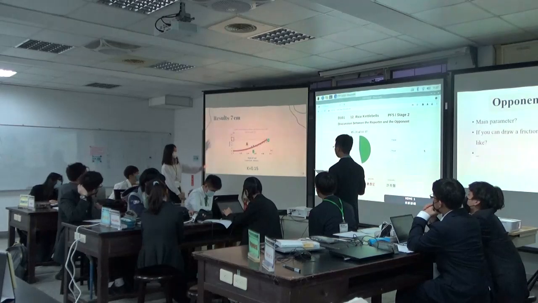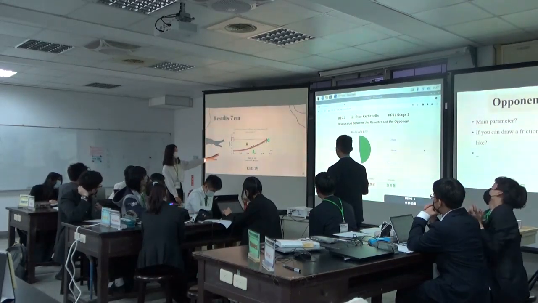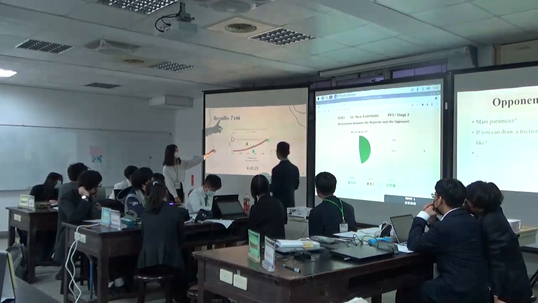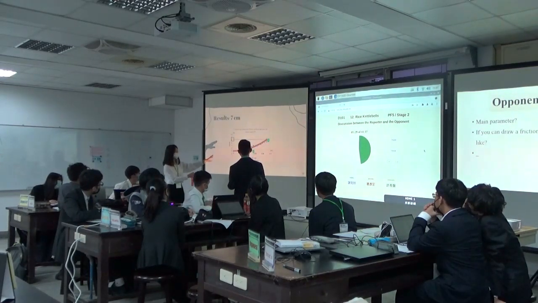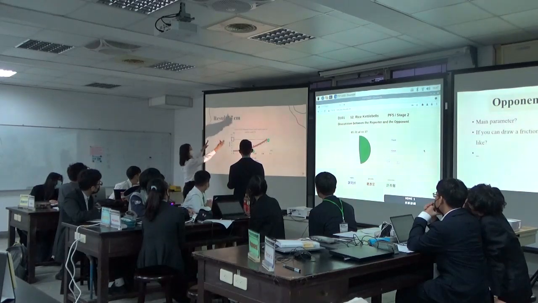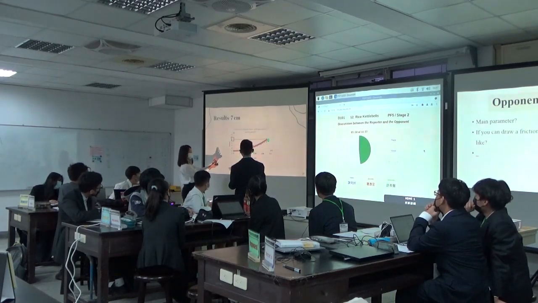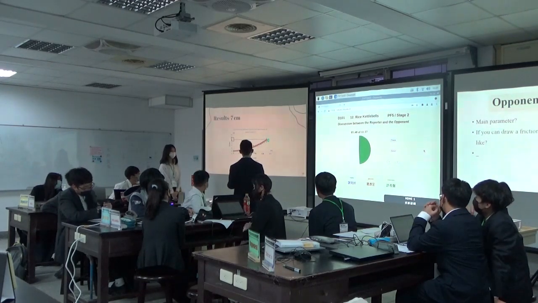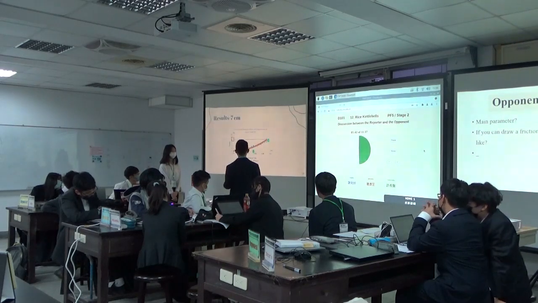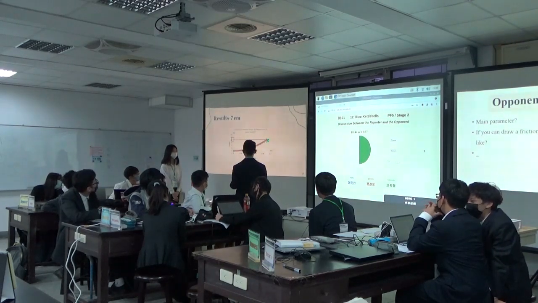For every kind, like this part, we have nine. No, I mean in the same condition. This is the same condition. So how many times did you do to plot this graph? 45 times. Okay. So did you use all of the data? Yes.